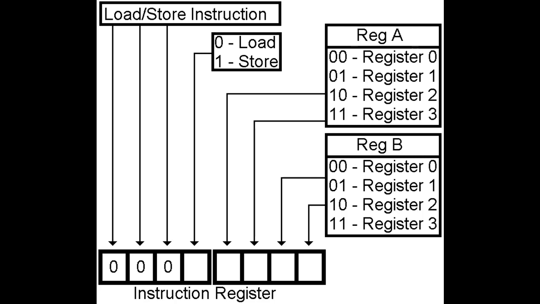Then if it is a load, bit 4 is set to 0, or if a store, bit 4 is set to 1. Then we will have, as we talked about before, reg A and reg B specified in the last 4 bits of the instruction. Let's look at the schematic.